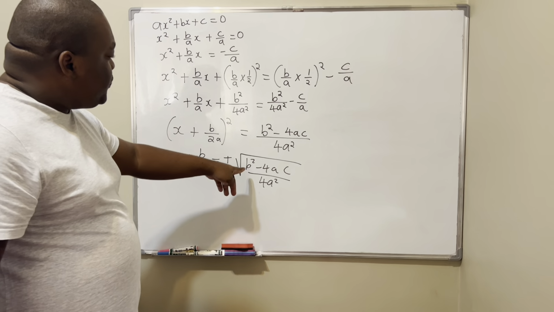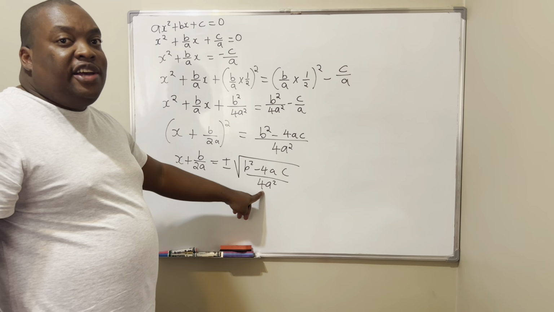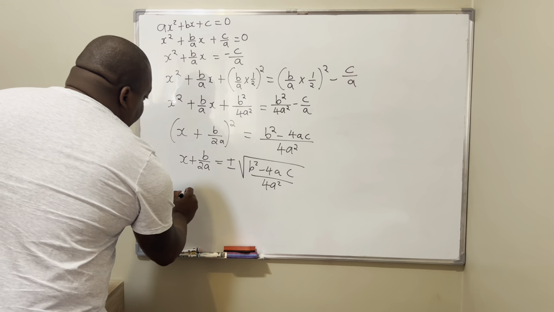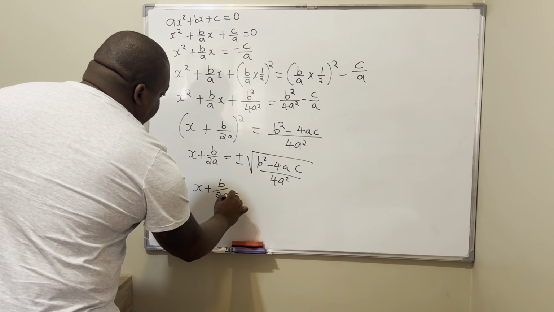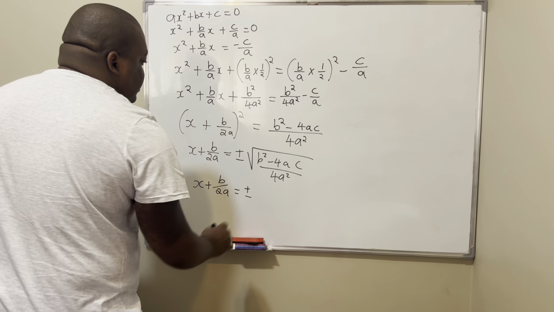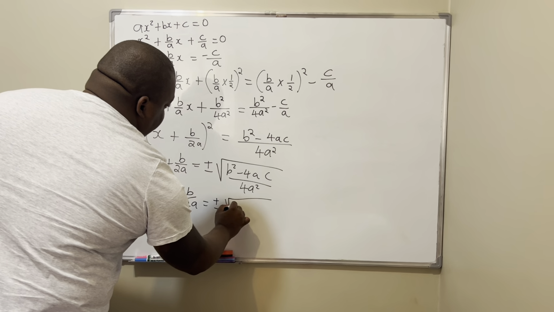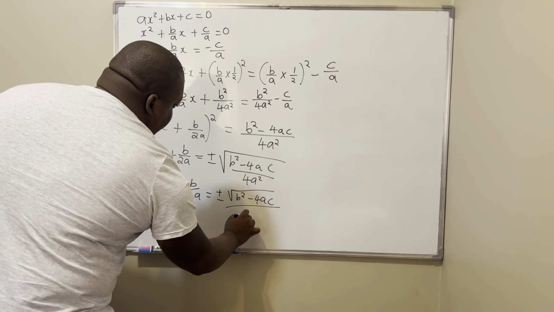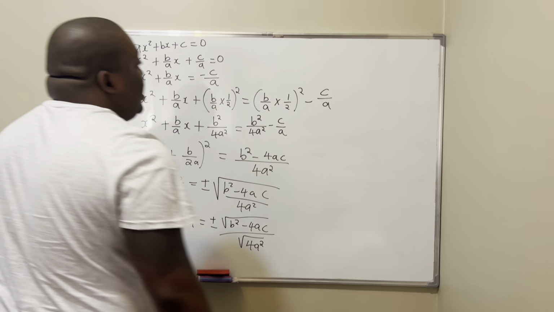In other words, the numerator can take its own square root, and 4a squared can have its own square root, which means we will then have x plus b over 2a equals plus or minus the square root of b squared minus 4ac over the square root of 4a squared.